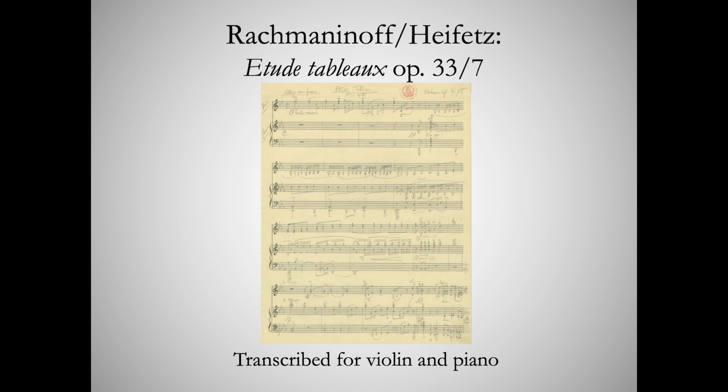Another interesting thing that Heifetz did was he took numbers of the Études-tableaux as well as some of the preludes, especially from Opus 32, and made interesting violin and piano versions of those pieces. So here's just one example among several from the Heifetz collection.